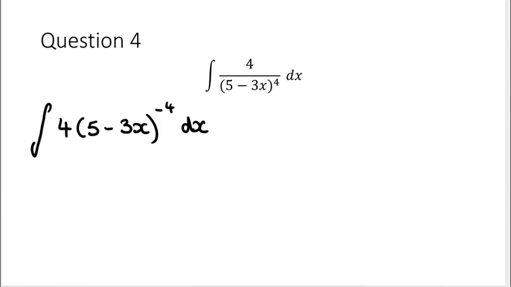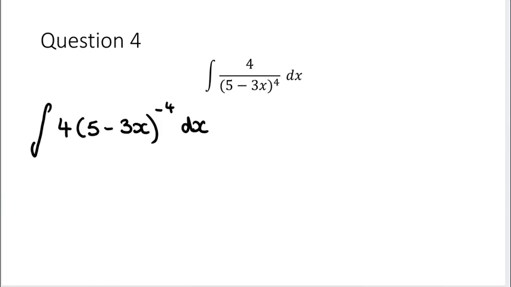So now what I'm going to do is try and predict what the result would be. Because I reckon the result of this is going to be something that looks a little bit like what we have, but with a higher power of 5 minus 3x.